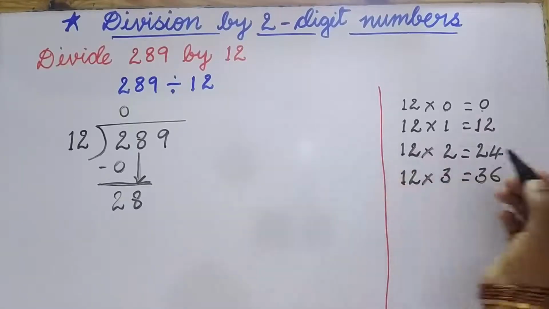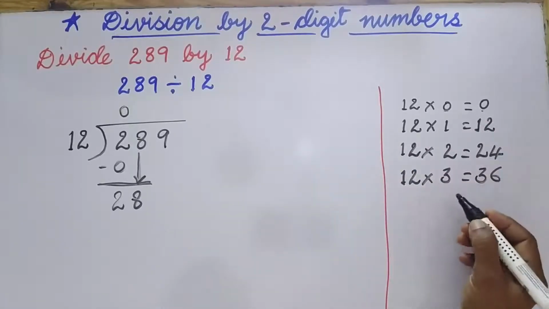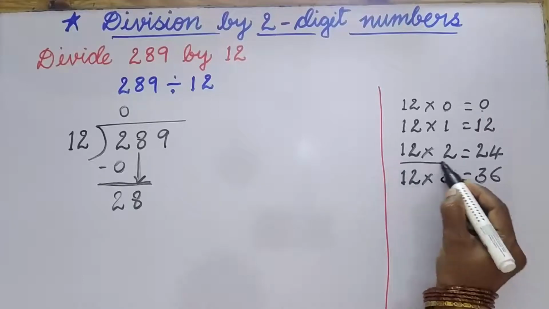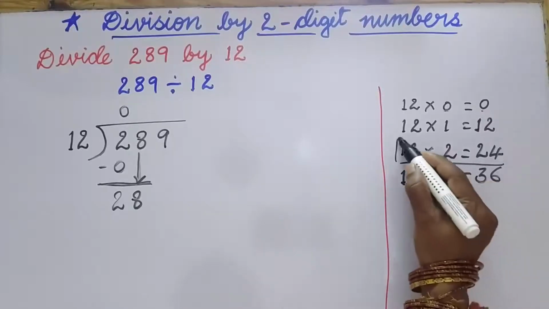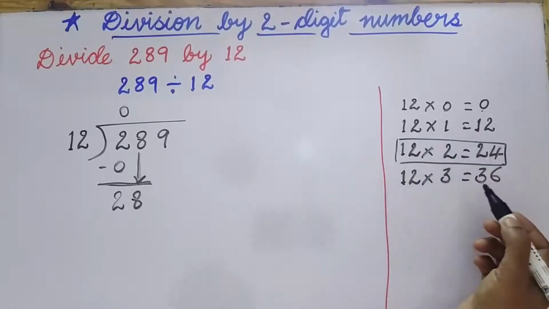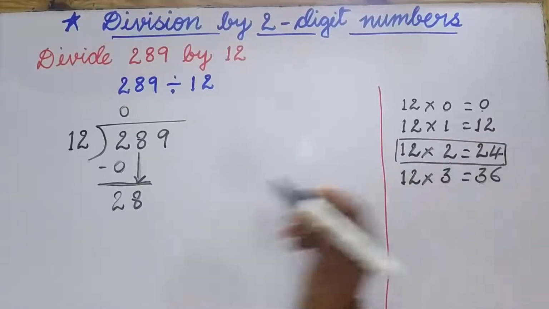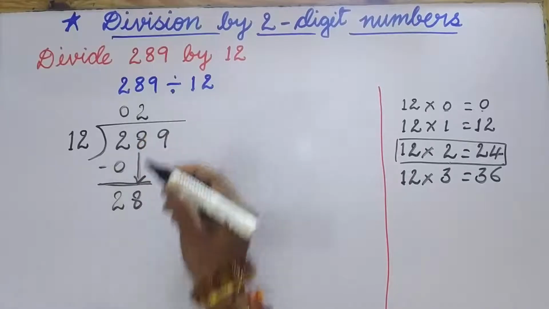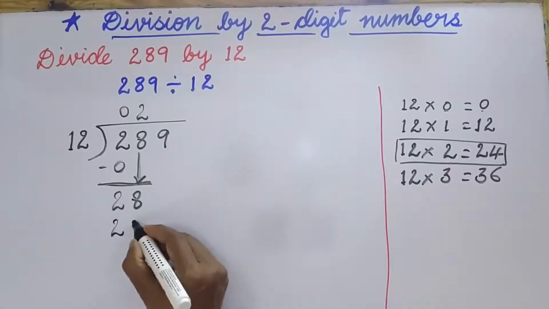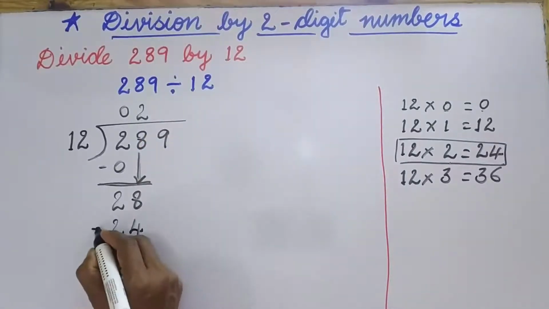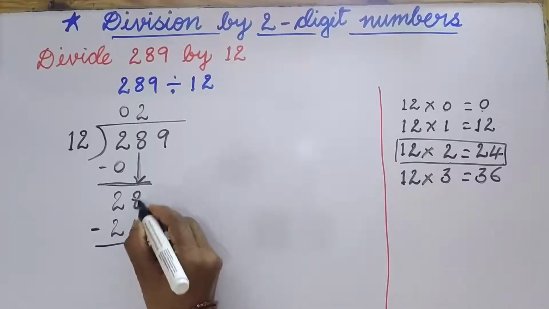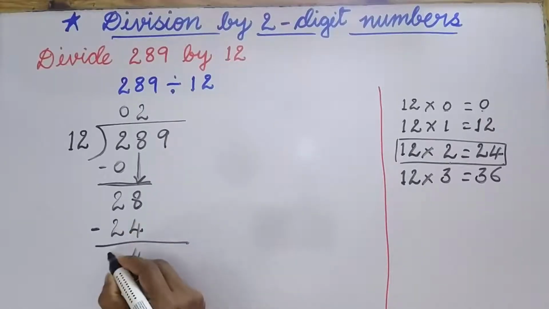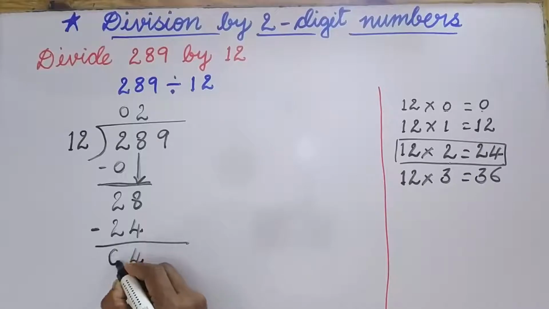Here we have 28, 24 and 36. 36 is greater. So we need to take the smaller number. We need to subtract now. So here we need to write 12 twos are 24. Okay. Now 8 minus 4, 4. And here we'll get 2 minus 2, 0.